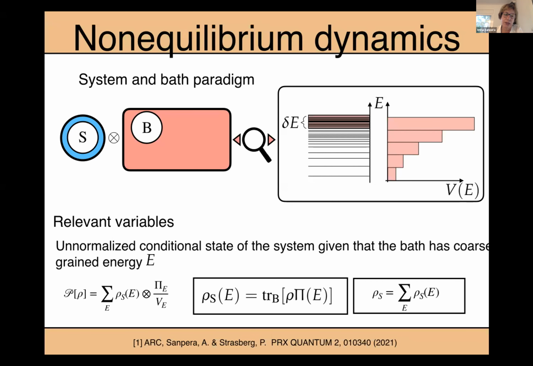So we have a projector P_E, and given that the bath is at this energy E, our normalized conditional state of the system is rho_S(E).